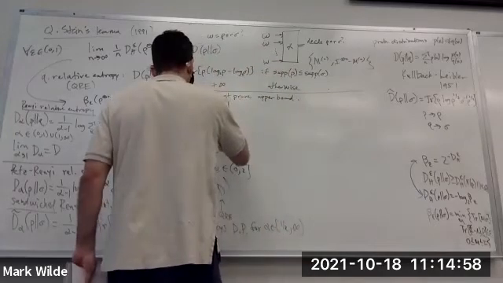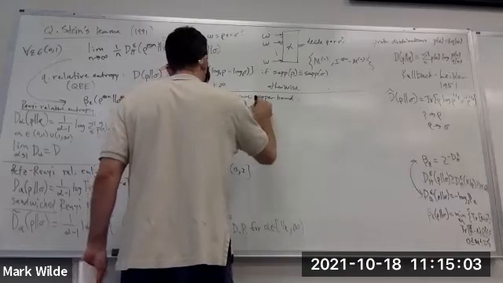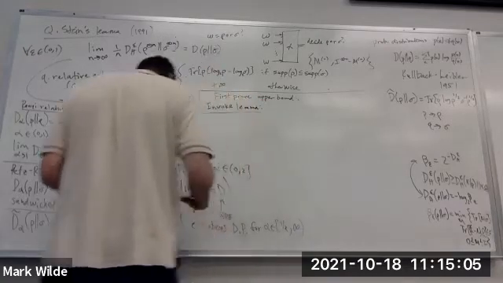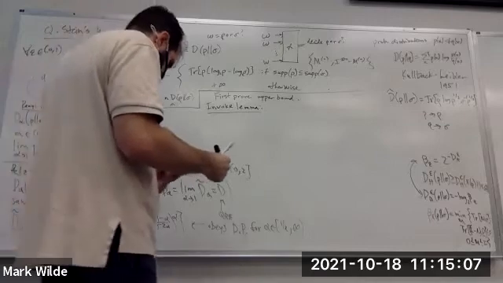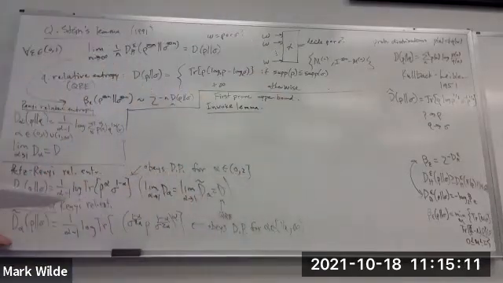To do so, we'll invoke a lemma. This is an upper bound on hypothesis testing relative entropy in terms of the sandwiched quantity.